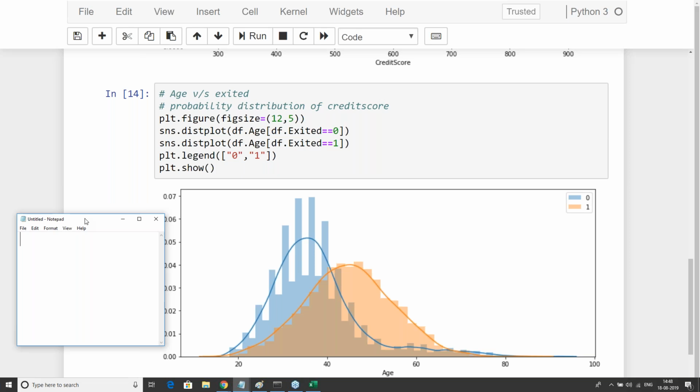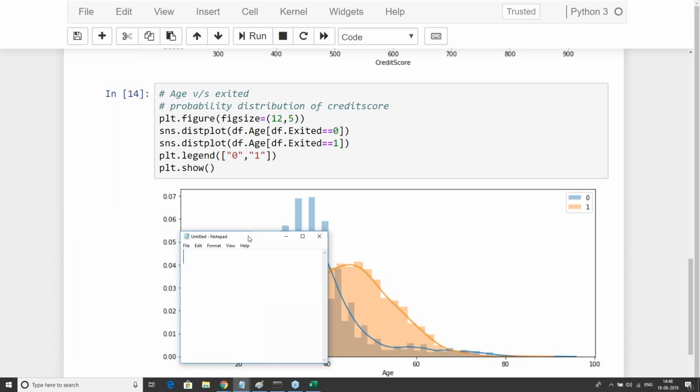Now if you try to analyze this unoverlap, for age more than 40 there is a high density of customers in the red graph. The red graph has higher density compared to blue.